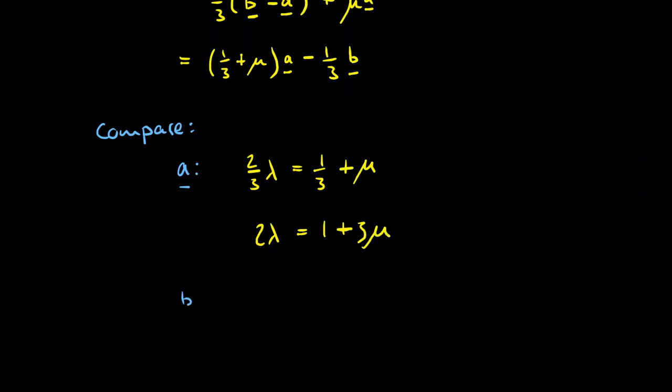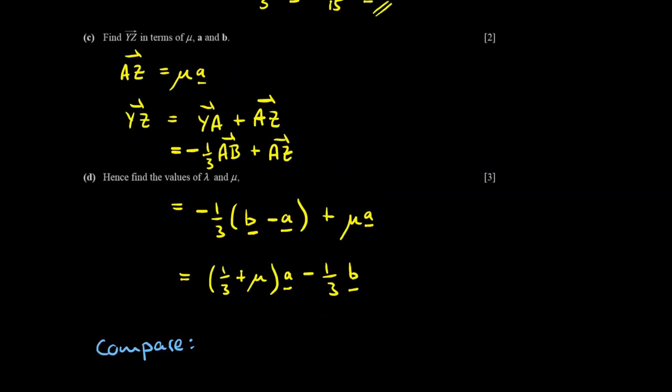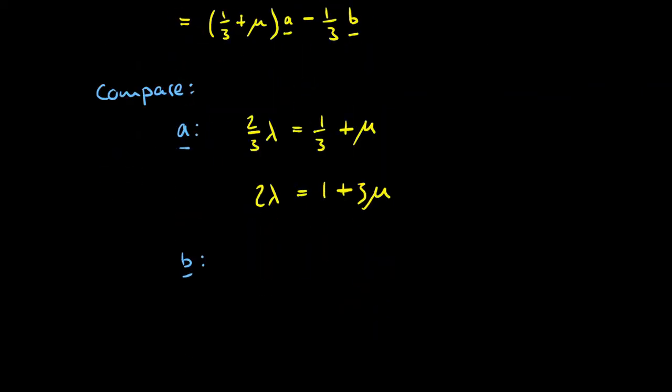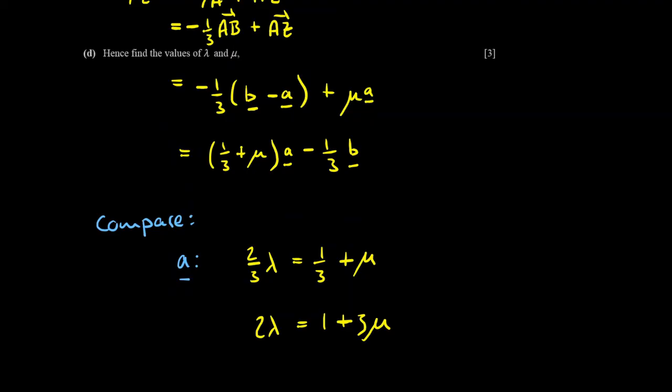So that's the first thing. Second thing, B, if we compare those, then for the first vector, we've got negative 7/15 lambda, is equal to, well, what have we got for the second vector?